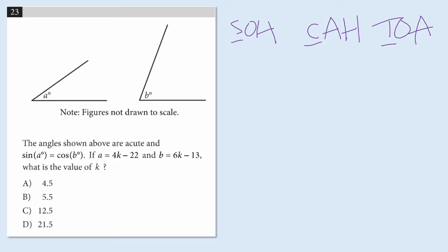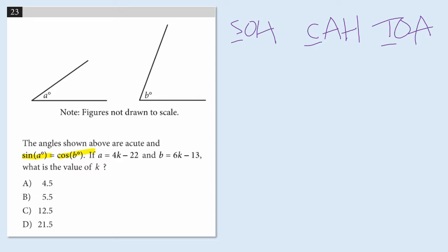It's no mistake that they're saying the sine of angle A is equal to the cosine of angle B. And I thought to myself, what does that mean? And again, I realized that many of these problems are tricky and they're meant to be sort of clever.